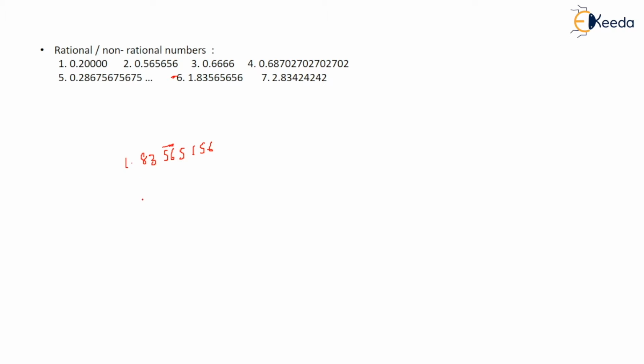This 5656 is reoccurring, so 18356, okay, you will write in this way, minus which is not reoccurring, 183 is not reoccurring, 183, okay, upon number of digits on which this reoccurring sign occurs, 2 digits, 99, and number of digits on which this sign is not occurring. So before point you have to take, not after point. Before point, whatever the numbers, two numbers are there, so two zeros will be there.